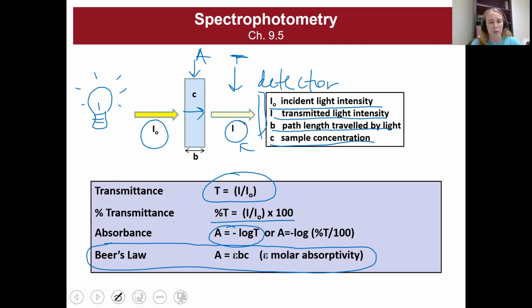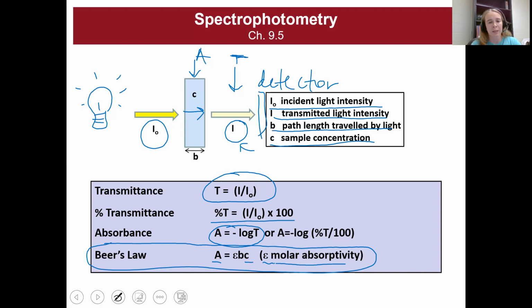The calculation that relates absorbance to concentration is called Beer's law, and it is this down here. A, which is absorbance, is equal to epsilon, which is the molar absorptivity of the solution, times the path length times the concentration. So A, I like to say ABC. I kind of omit the epsilon from my acronym so that I can remember ABC better.